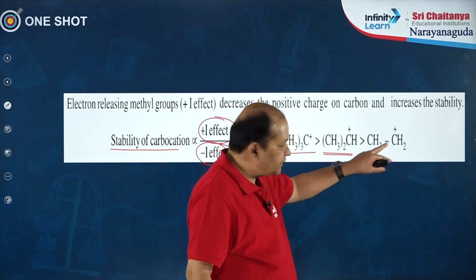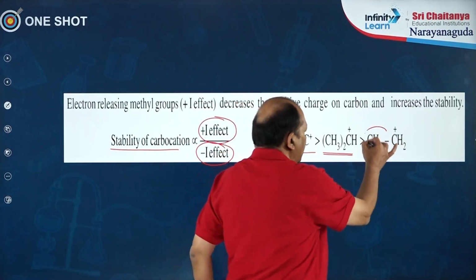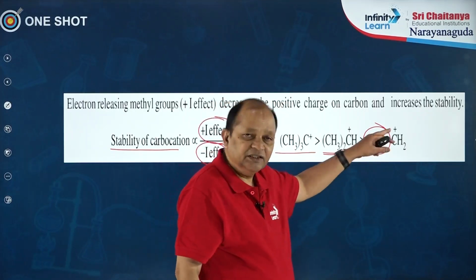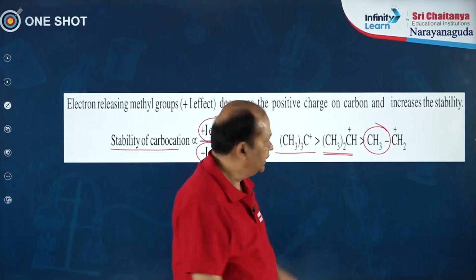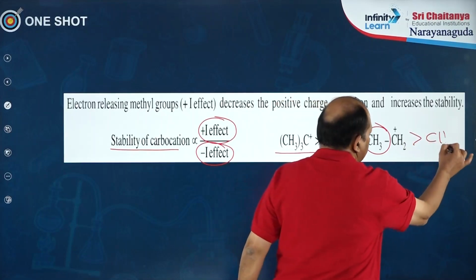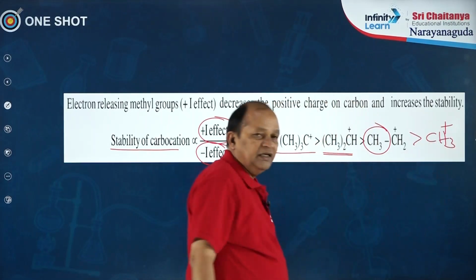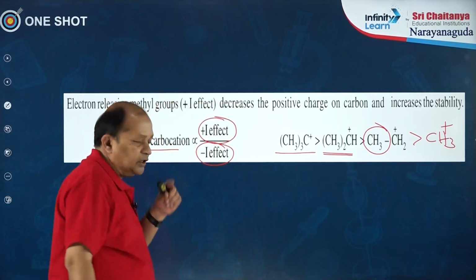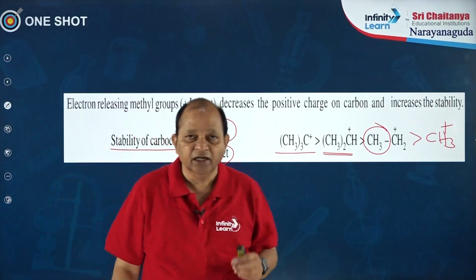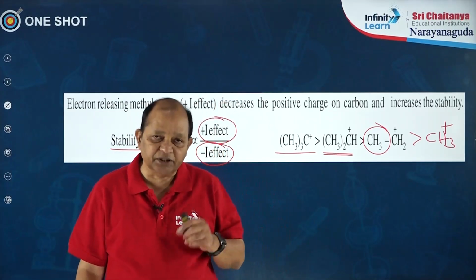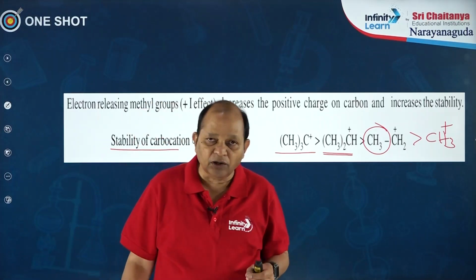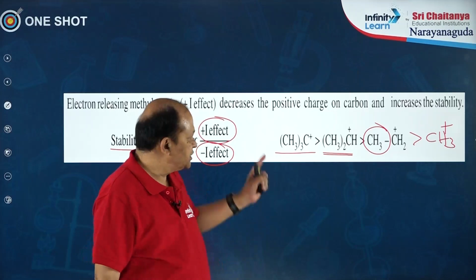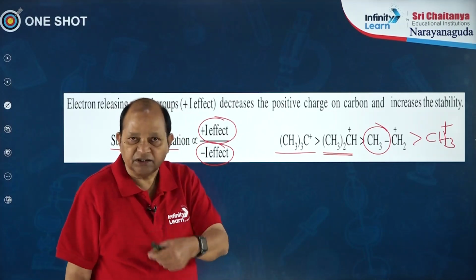Then in ethyl carbocation, only one methyl group is exerting the plus I effect, therefore it is still less stable, and we can also put the methyl carbocation, which is further less stable, because there is no factor stabilizing it. We should also keep one more point in mind, that not only the plus I effect of methyl groups, but hyperconjugation is also another factor responsible for the stability of these ions, which we will discuss after some time.